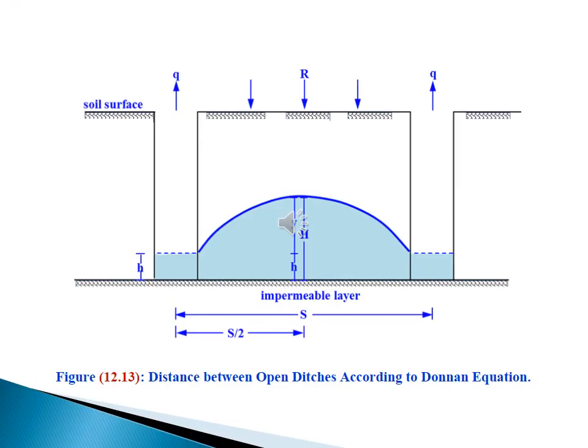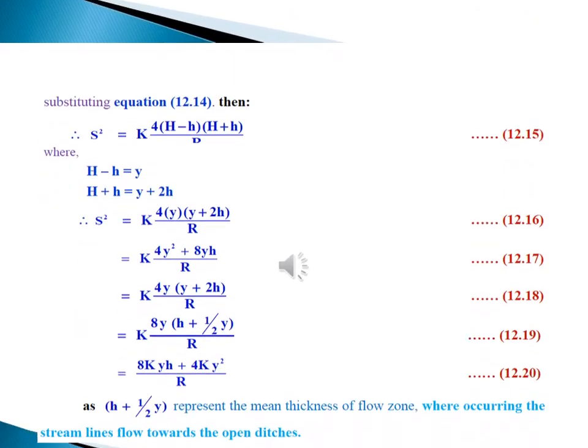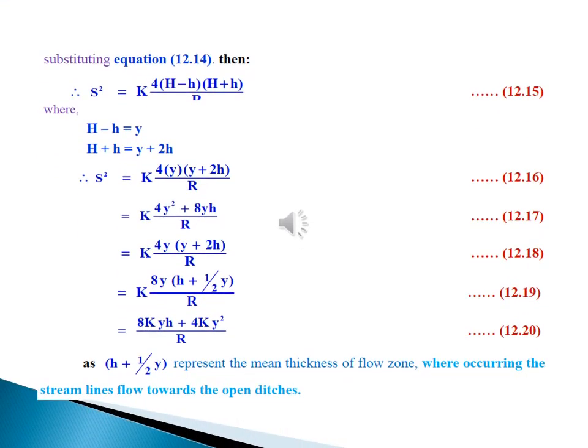Figure showing distance between open ditches according to Donnan equation. My dear, follow the rest of the calculation and substituting in the Donnan equation.